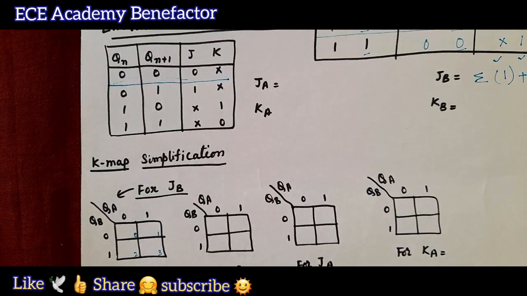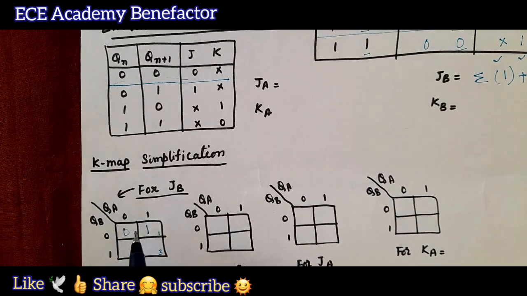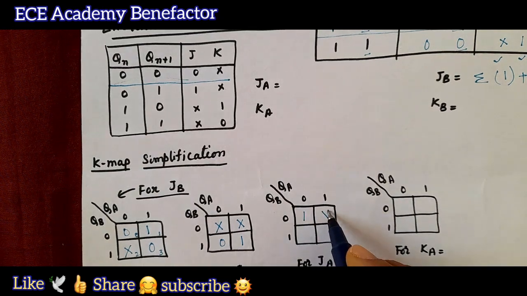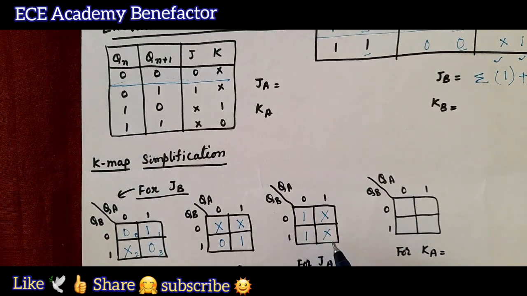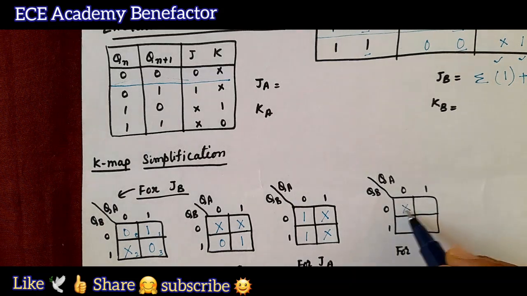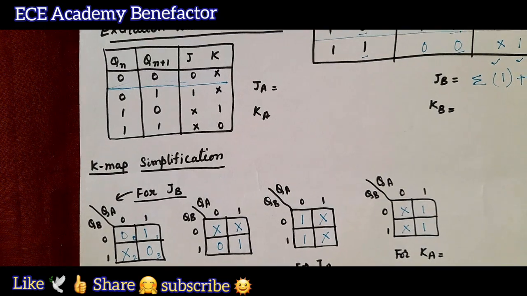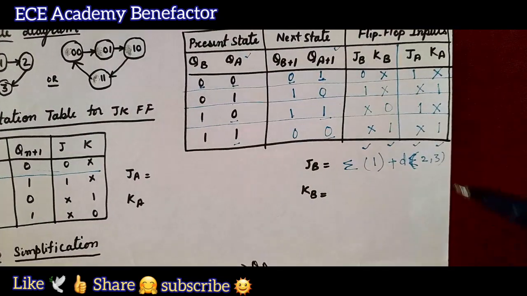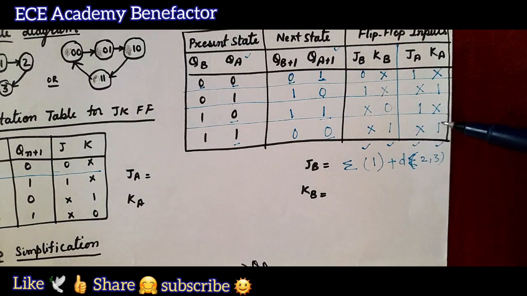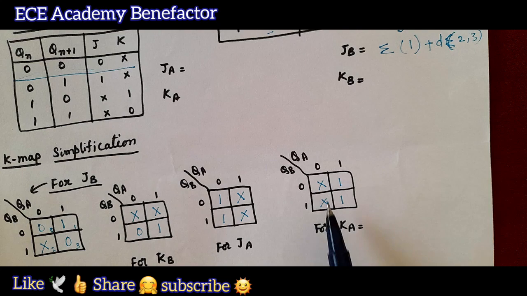For JB it is 0, 1, x, x, and for KB it is x, x, 0, 1. For JA it is 1, x, 1, x. For KA it is x, 1, x, 1. So we have filled it like this, x1, x1.